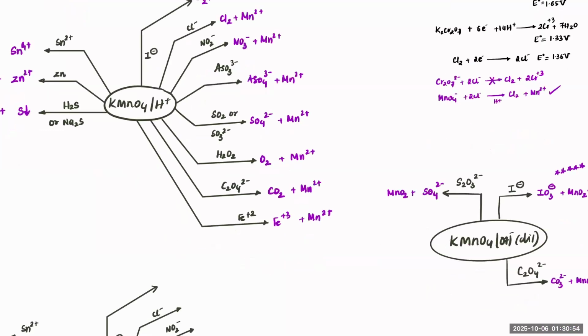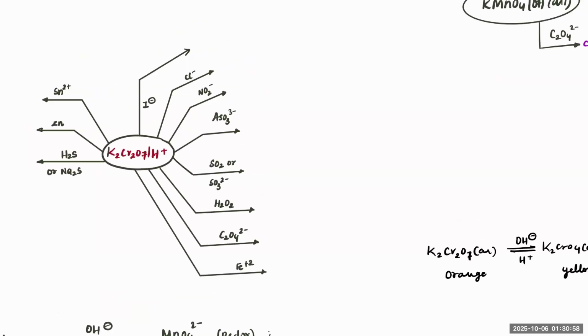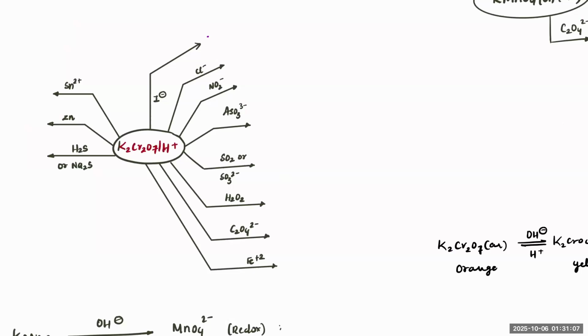So now see the reactions of K2Cr2O7. In the case of K2Cr2O7, the reactions are pretty much exactly the same as with KMnO4, so the products are very much the same. Let me write: I2 plus Cr plus 3, NO3 minus plus Cr plus 3, AsO4 3 minus plus Cr plus 3, SO4 2 minus plus Cr plus 3.